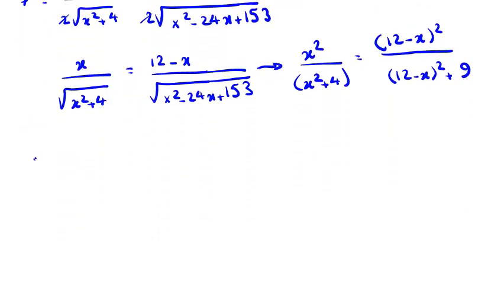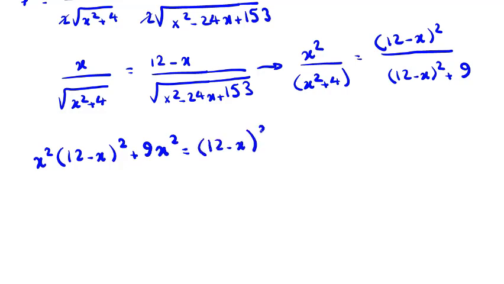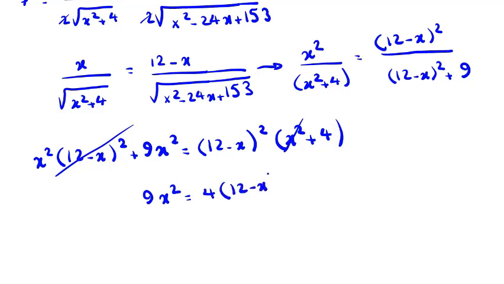If we cross multiply, x squared times 12 minus x squared plus 9x squared equals 12 minus x squared times x squared plus 4. Because 12 minus x squared is common, you can cancel it. Then you have 9x squared equals 4 times 12 minus x squared.